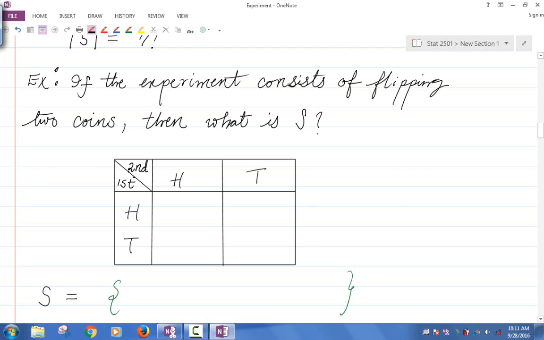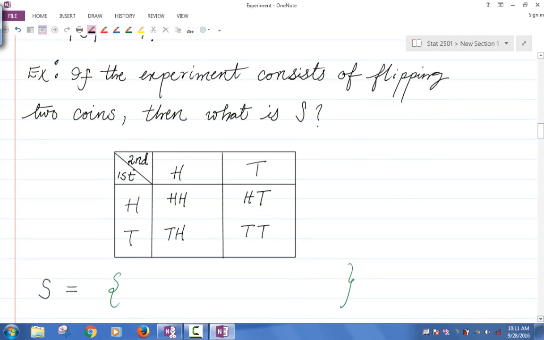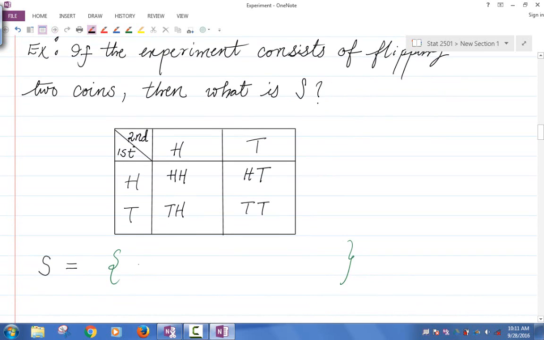So then what are the possible outcomes from flipping 2 coins? Well, I could get HH or HT. I could get TH or TT.